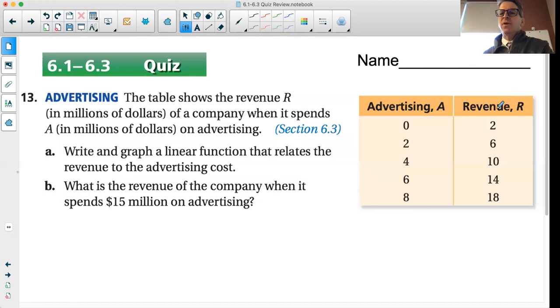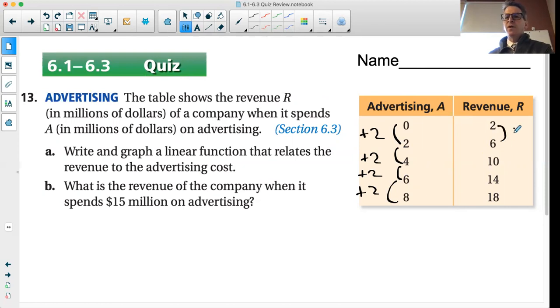Okay, so here's the revenue and here's your advertising. Write and graph a linear function that relates the revenue to the advertising cost. So as you go up in advertising, this is +2. Okay, this is +2. This is +2. This is also +2.